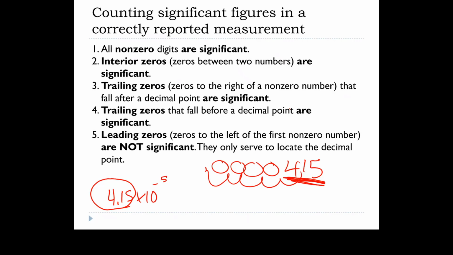That's my method of choice for dealing with leading zeros. I take the thought process out of it by putting the number in scientific notation, okay? So these zeros, again, do not count as significant figures.